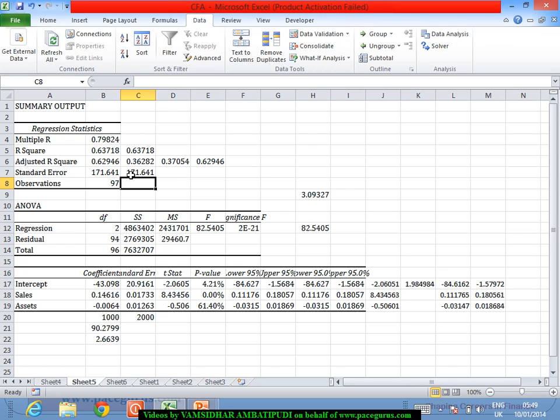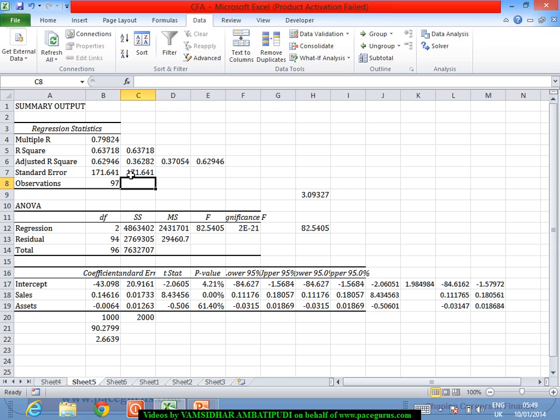So we have to look at not just the r squared, but from multiple dimensions before thinking whether that particular variable that we have added is making anything more good to the model or not.